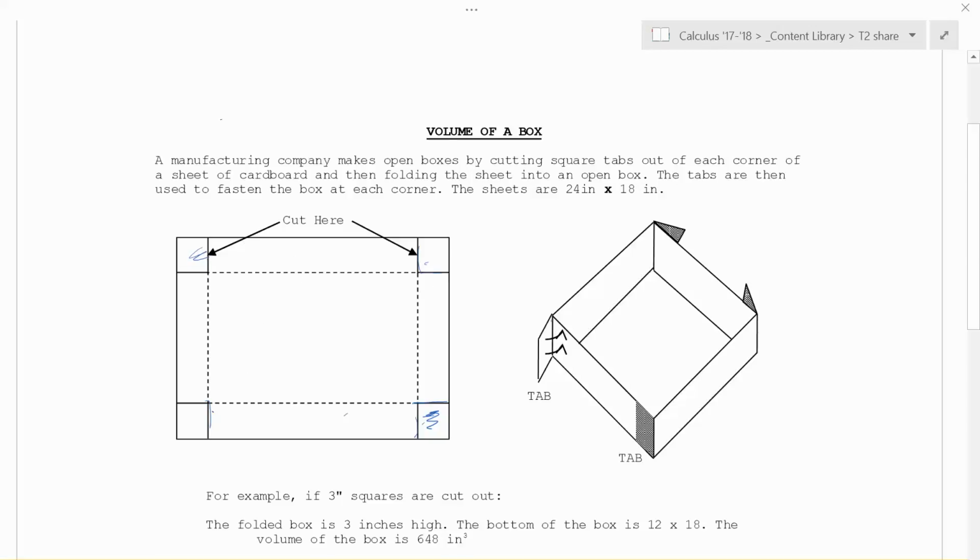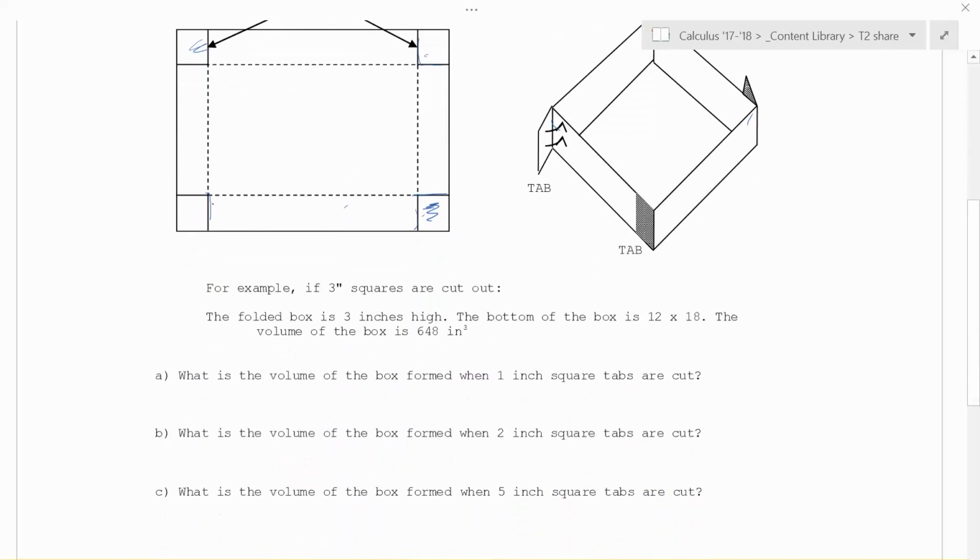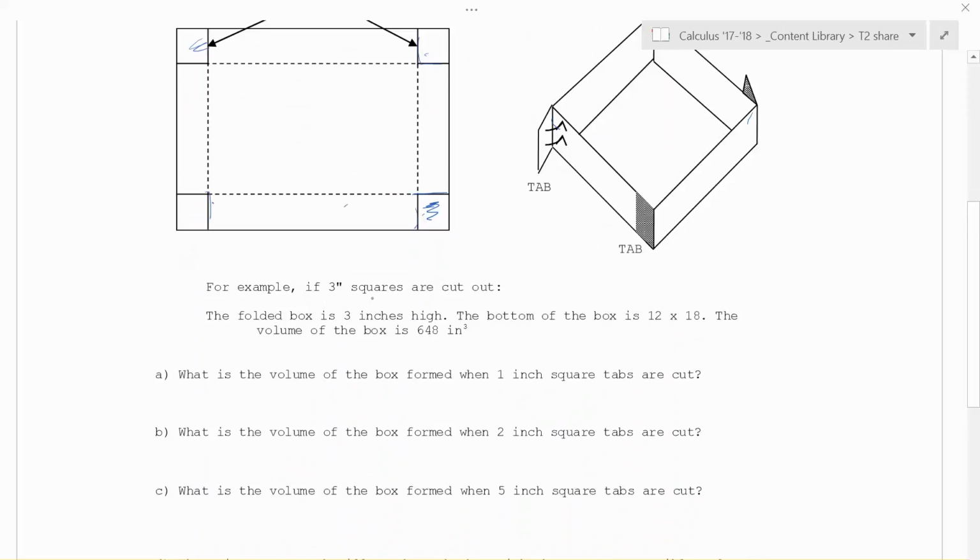Or if you prefer, we can do 7 minus 12,000 x to the minus 2. And from there, we're going to set that equal to 0. And we have 7 minus 12,000 over x squared equals 0, or 7 equals 12,000 over x squared.